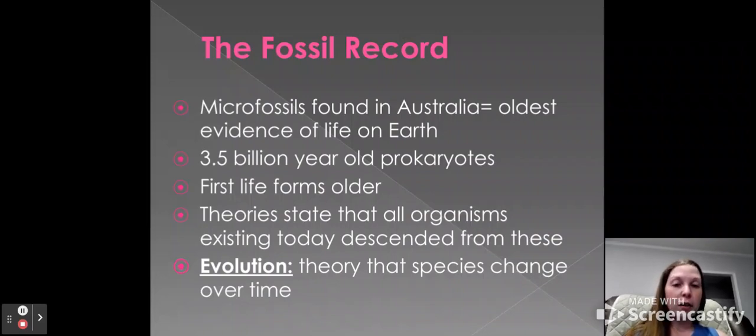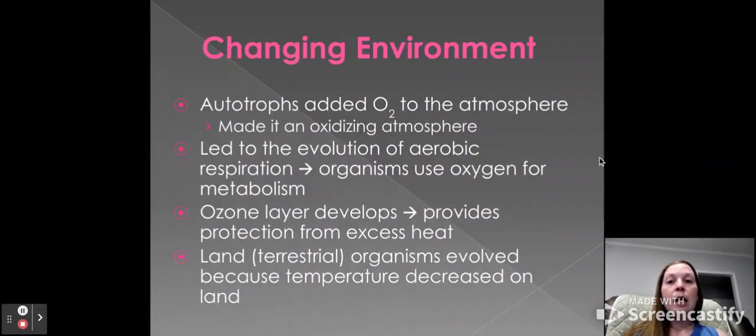So the theory of evolution is that species change over time. Your autotrophs added O2 to the environment because they took in CO2 and released O2. And this made for an oxidizing atmosphere, which allowed for evolution of aerobic respiration to occur so that organisms could use oxygen for metabolism instead of just glycolysis.